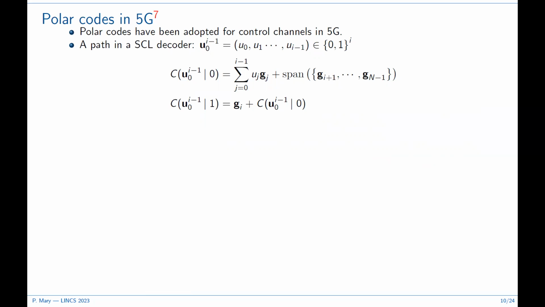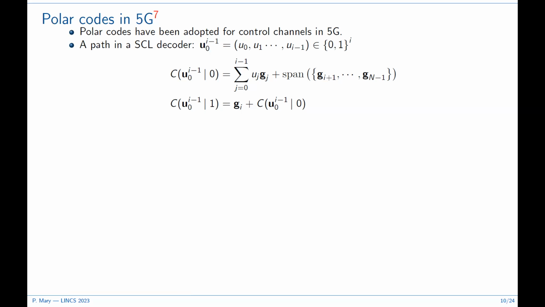A path in the successive cancellation list decoder can be seen as a subvector u_0 to u_{i-1}. And at the i-th stage, the decoder tries to choose u_i equal to 0 or u_i equal to 1.